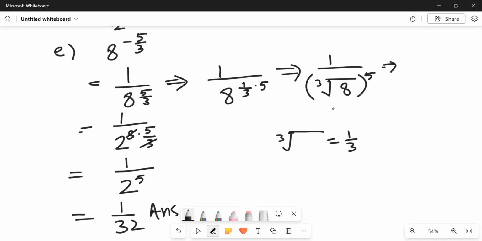And this we can write as 1/3, 8 whole power 5. If we do not write this step, up till this step, this answer is correct. Because we have to write in radical form, and then we have to simplify.